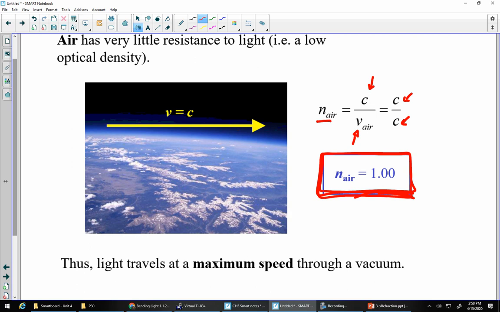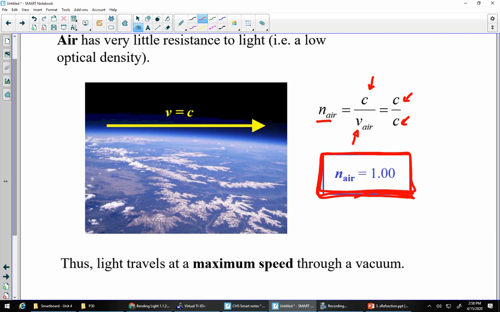Just take a minute to think about this. Are all the other values going to be bigger or smaller than 1.00? Or in other words, is 1 the biggest value or the smallest value? So let's think about this. If c is the fastest they can go through a vacuum, and we're saying that air is pretty much the same thing, they've got to be going slower through water, slower through glass, slower through diamond, slower through plastic, slower through all those different things.